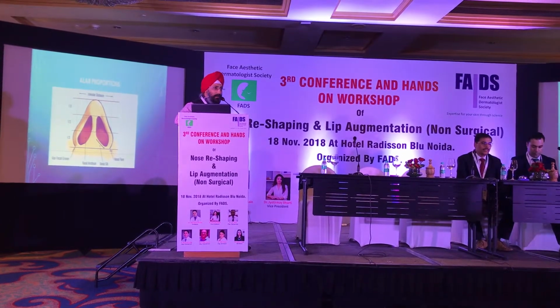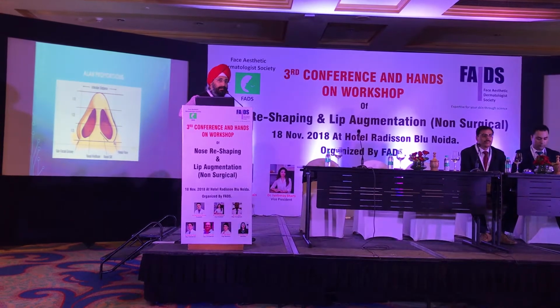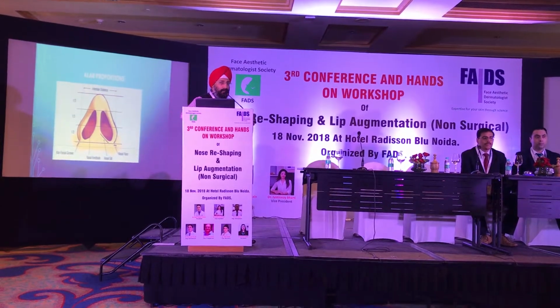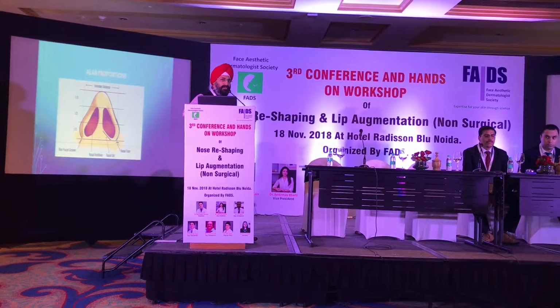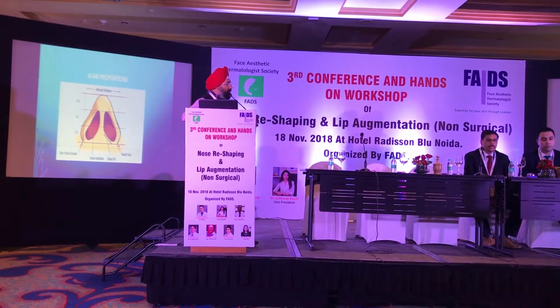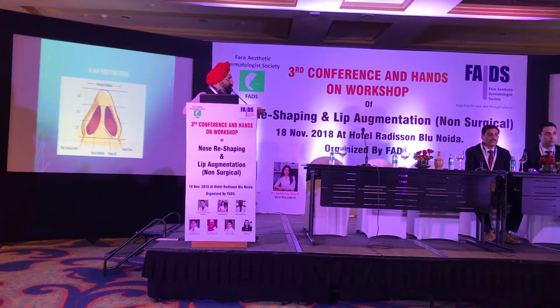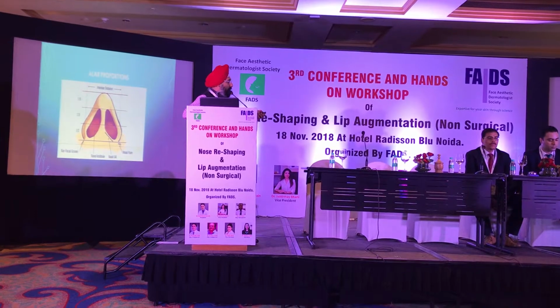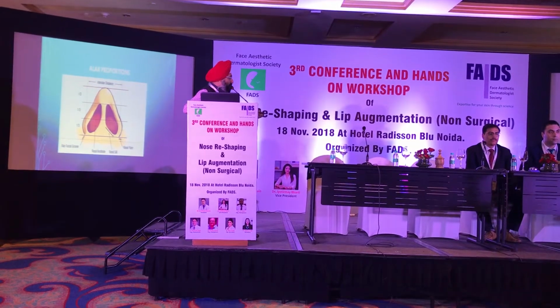Let's talk about the ala proportions. Ala has to have a typical seagull appearance, that's the ideal ala shape, which we take care of during surgical reshaping, and non-surgically we also try mimicking it as much as possible.